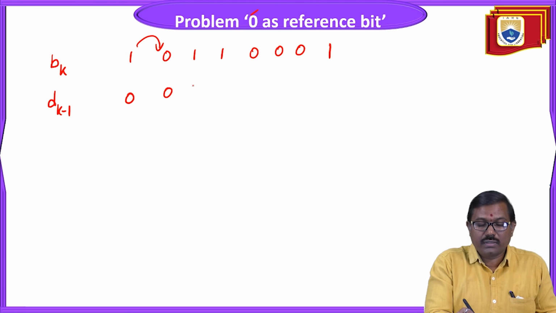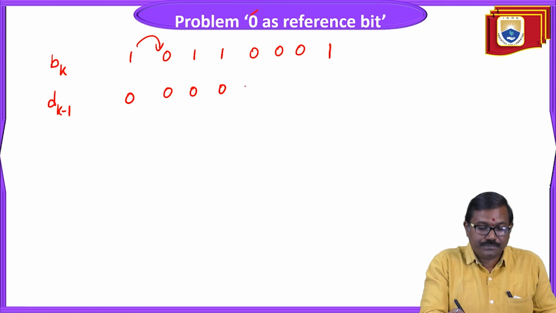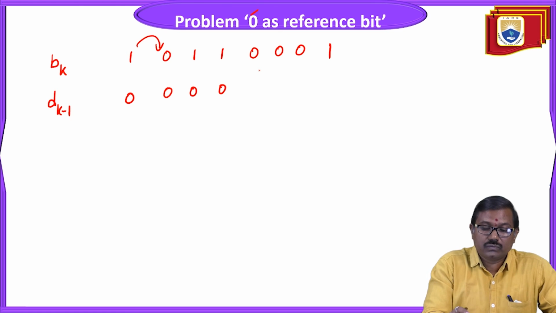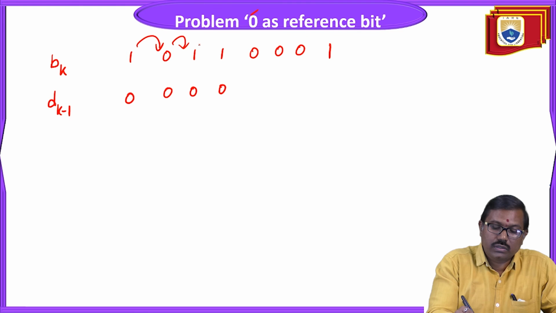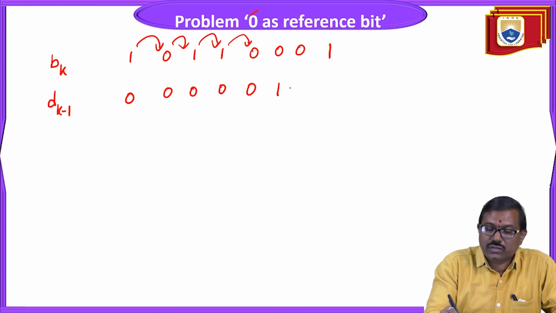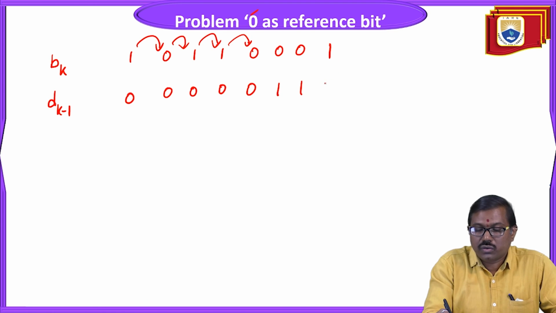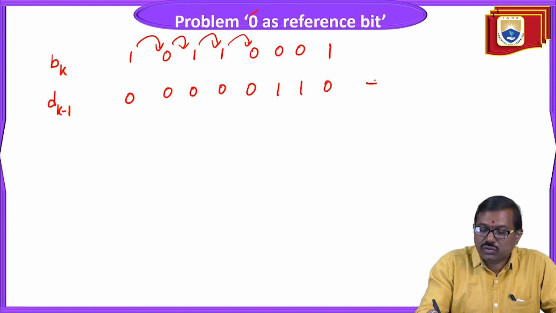Again 0 1 is 0, 1 1 also 0, 0 1, 1 1 and 1 0. This also gives 0. For 0 0 it gives 1, and 0 1 also gives 0. Why? Because this is the complement of logical XOR.